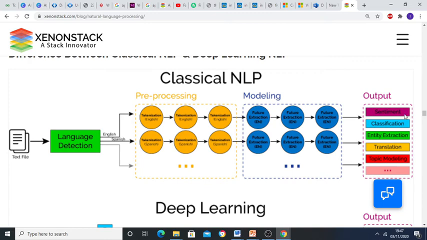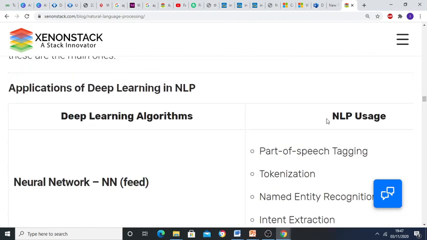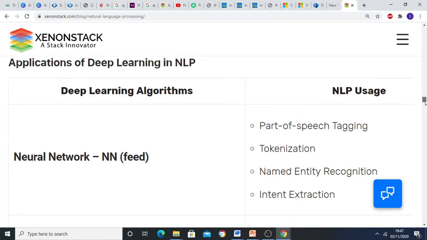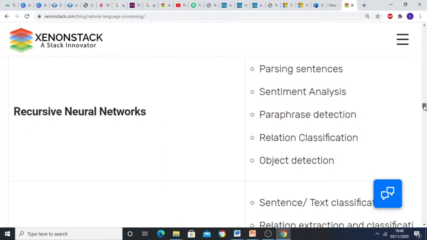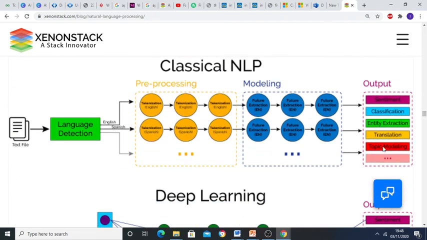If we go to the top of this, you can begin to see the different usages, which essentially is the output. So that pre-processed and modeled language can then be used for classification, can then be used for translation, can then be used for topic modeling, can then be used for entity extraction.